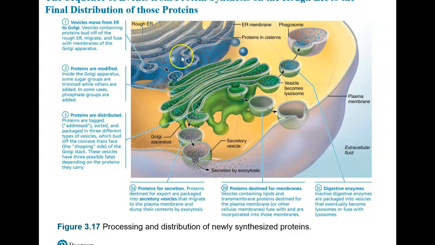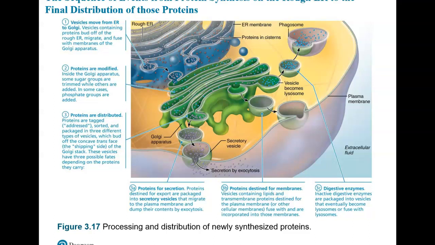When they find their way to the more exterior region of the rough ER, they're going to meet the Golgi apparatus. The Golgi apparatus is going to receive those vesicles, and then when it receives them, it's going to modify them by adding and removing the sugar components.